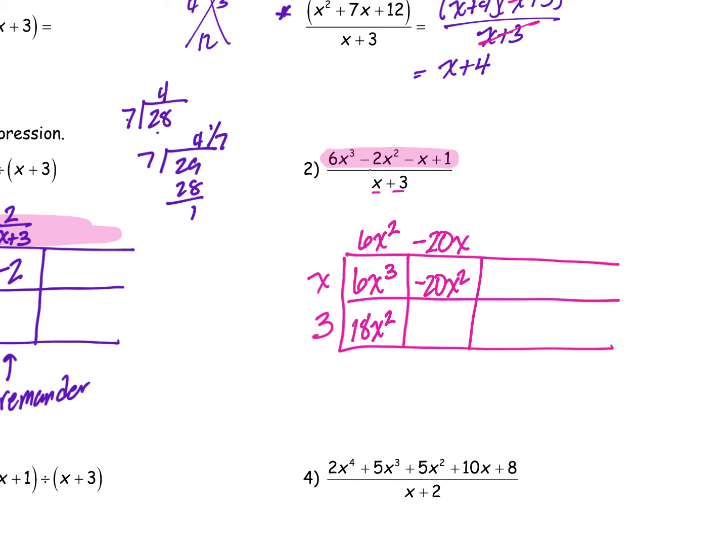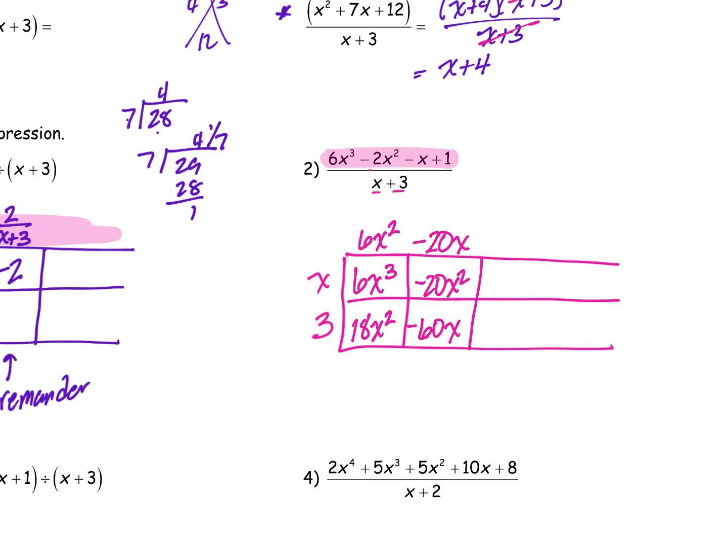If it's just an x by itself, it's really simple. You just take one x away and write whatever number's in that box. Does that make sense? It only gets a little harder if there's a number with the x, or if it's greater than x squared, because sometimes you can have an x squared out here too. That makes it a lot harder. Okay, so 3 times negative 20x is negative 60x.